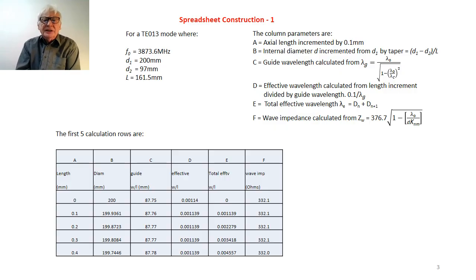So we're integrating the effective wavelength as we work our way down the axial length of the cavity. And the final column in this first part of the design spreadsheet is the wave impedance, which we're calculating as it changes as we work our way down through the axial length of the cavity.